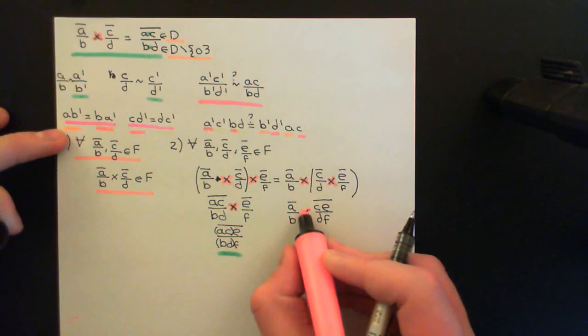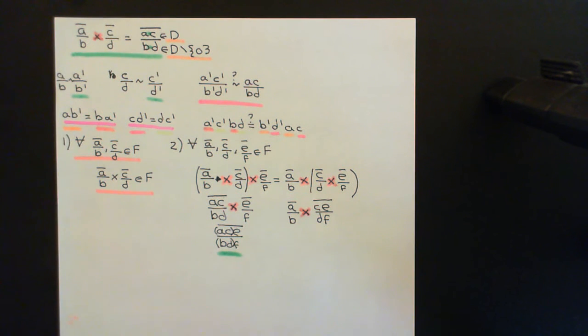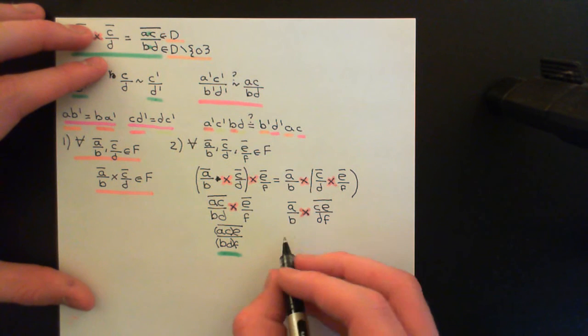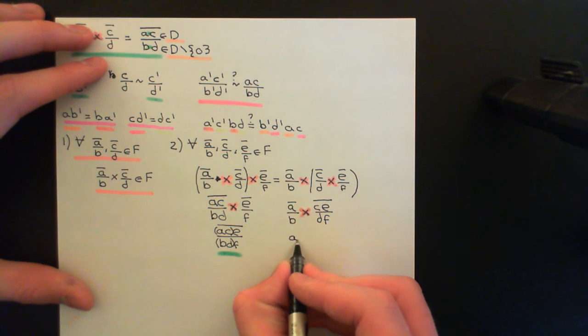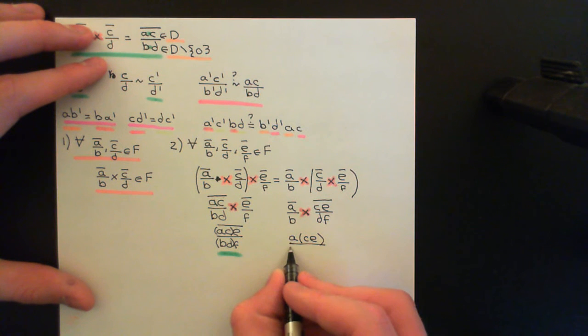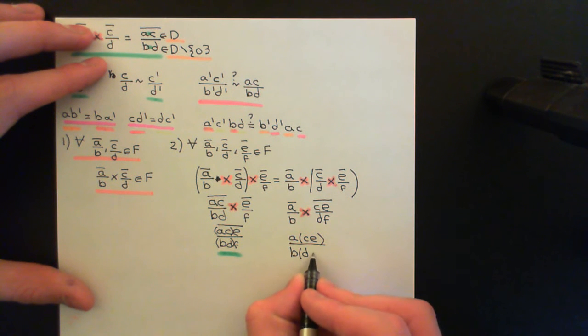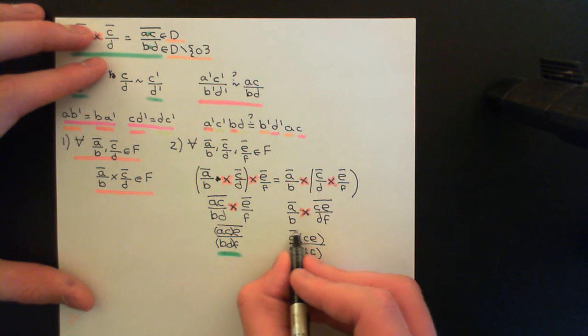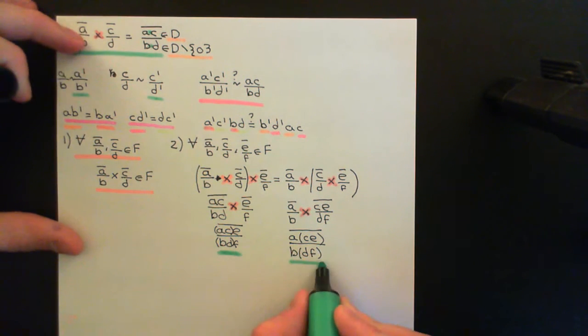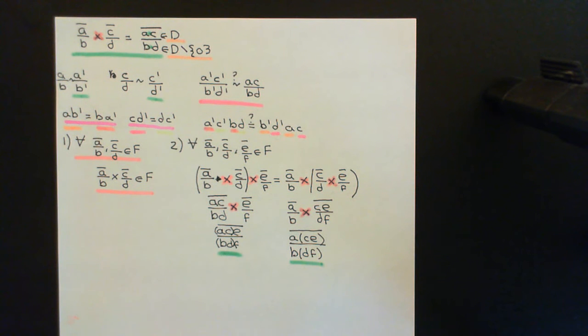Okay, so we'll take a representative from here, a representative from here. Again, we'll pick sensible representatives and we'll construct a new fraction from them. So we'll get a times c times e, and then the denominator will be b times d times f, like so. And then we'll take the equivalence class that contains that. Okay, so this will be the answer to the right-hand side here.